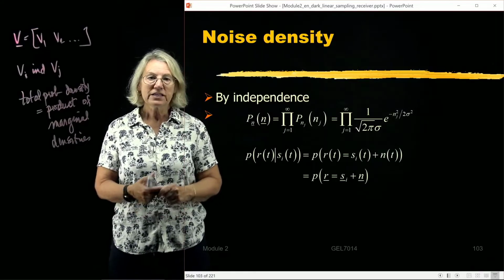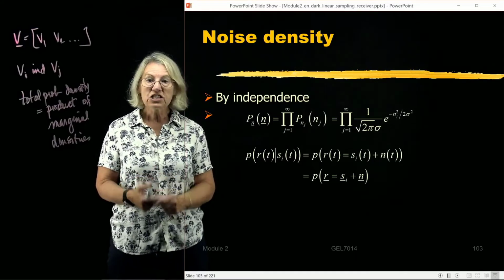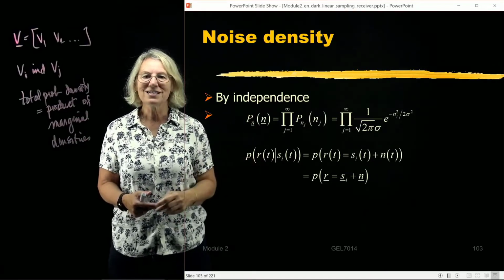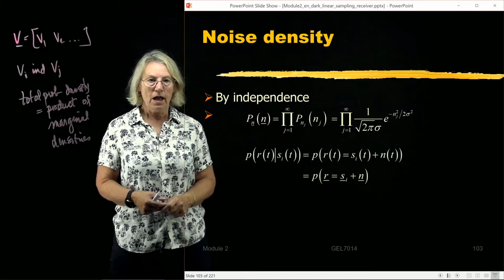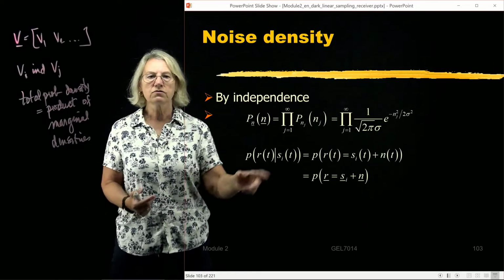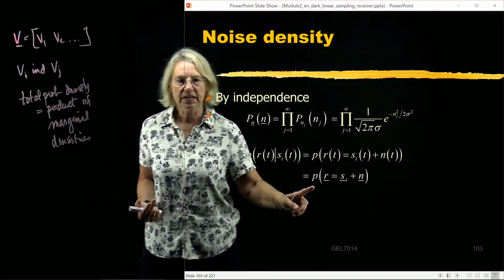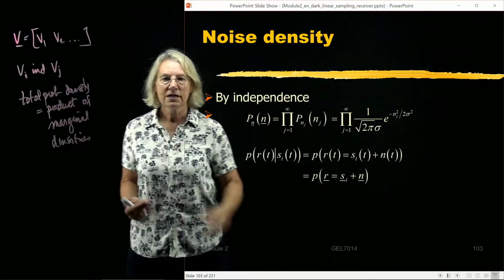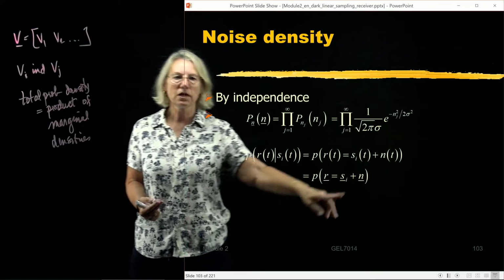Now, what I'm really interested in is the conditional density. Now I have the density of the noise. Now I want to know what the conditional density is. And if you recall, the conditional density is the same thing as saying the density of the received vector r equal to a particular symbol plus the noise.